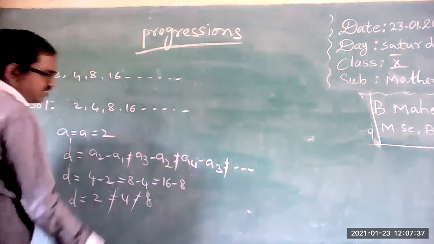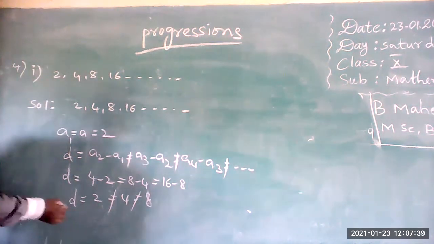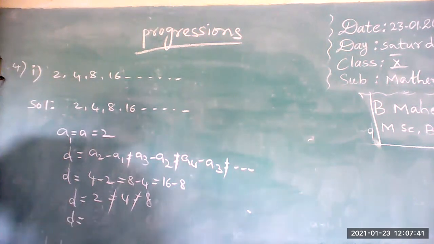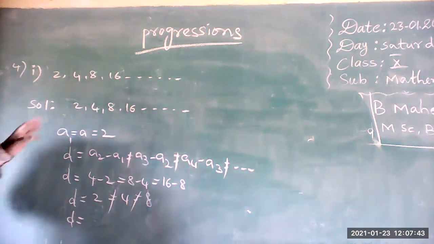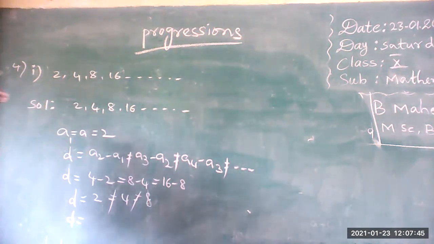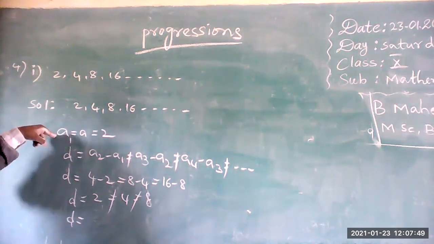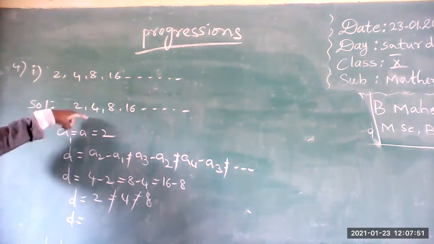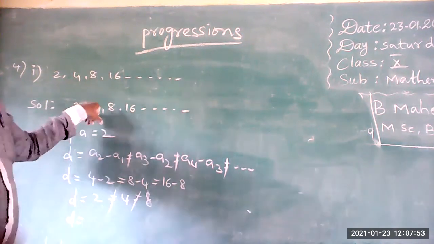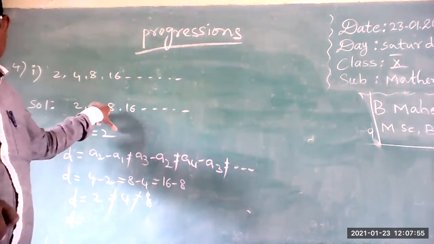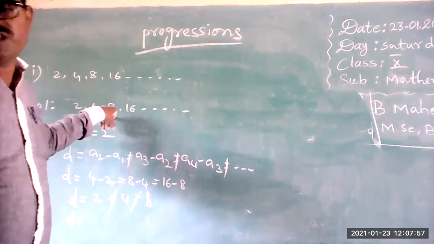So the D value does not have a fixed value between two successive numbers in the given series. So the common difference is not the same value. That's why the given series is not in AP.